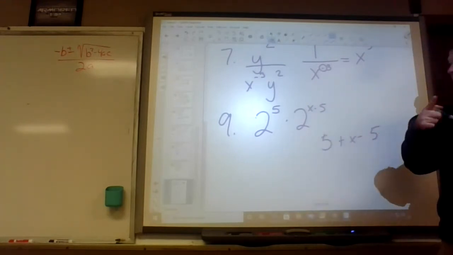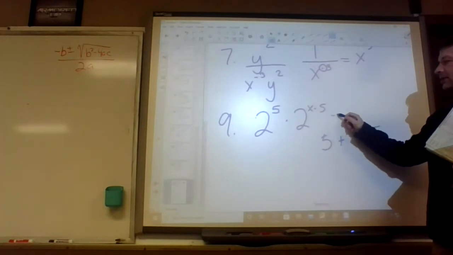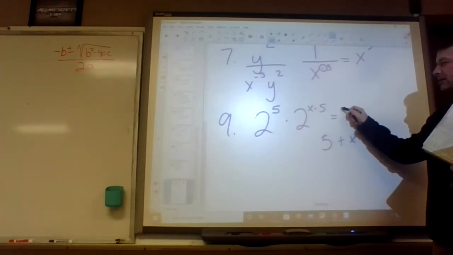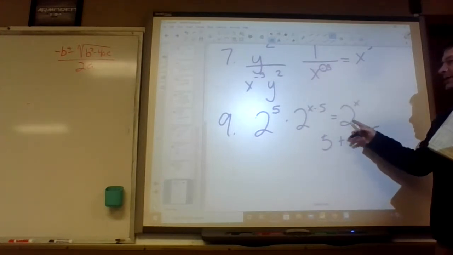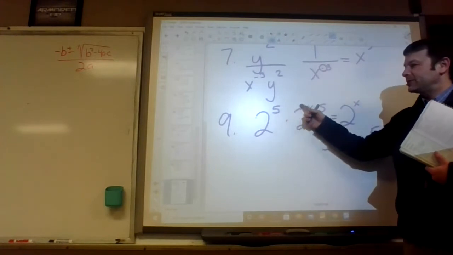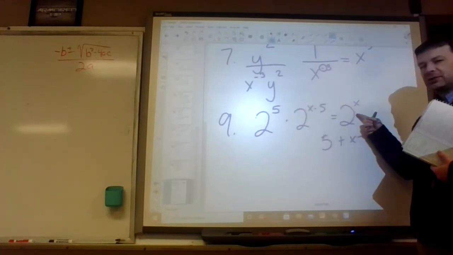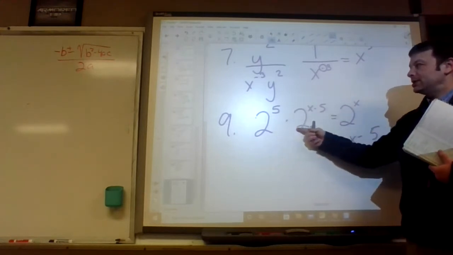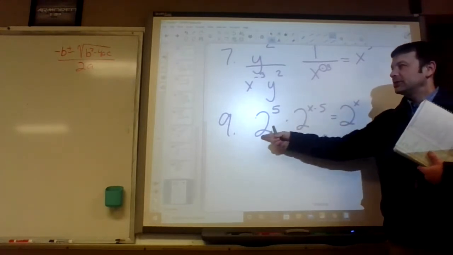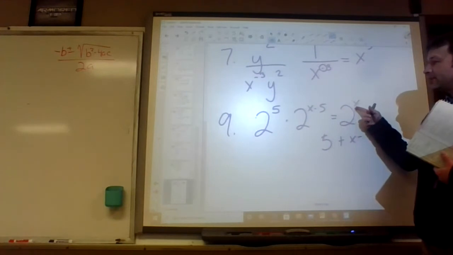X. So what's the answer? 4x. No. Okay, why is it not 4? Because when you're adding the exponents, you are saying how many times the 2 gets multiplied together. So you don't change the base. You just change the exponent.